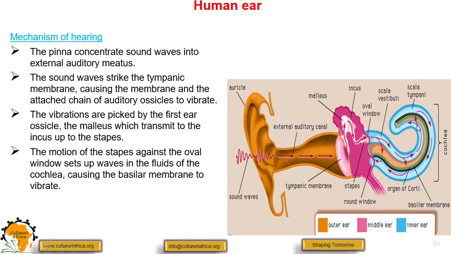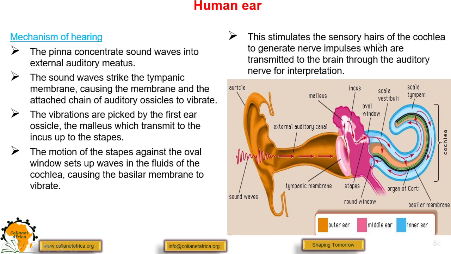So the cochlea has some fluids like the endolymph and the perilymph. If that happens, those fluids are set up in waves, then the basilar membrane around here vibrates.